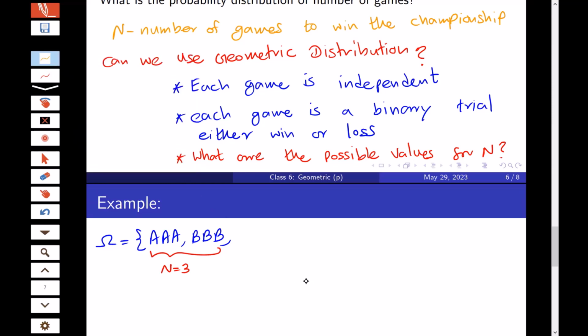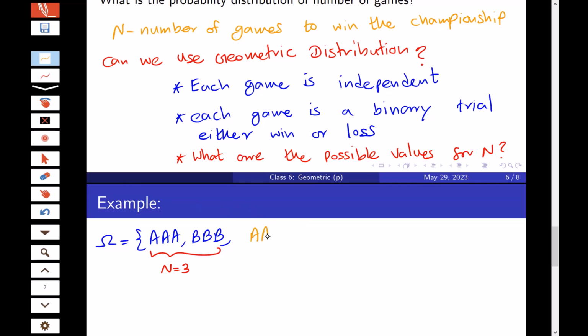Now let's see if we play 4 games. Let's see what the possibilities are when you are playing 4 games. So when you are playing 4 games, A can win all 4. This cannot happen, because when A wins 3 games at once, we don't want to play a 4th game. So this is not going to be an outcome.